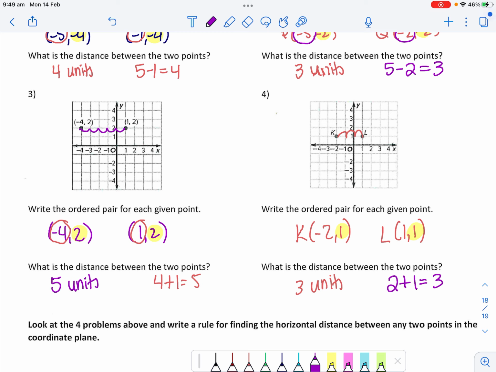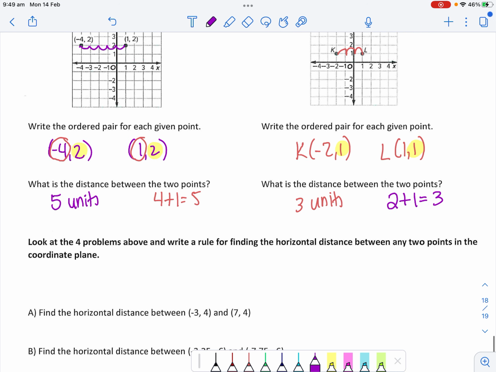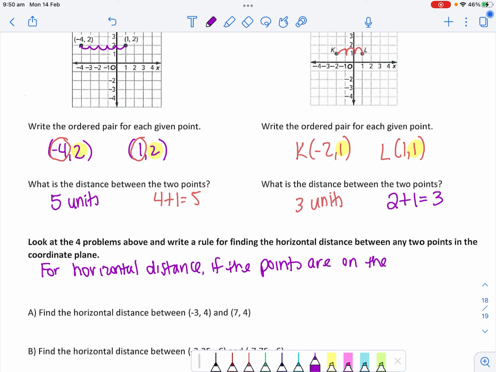So it says, look at the 4 problems above and write a rule for finding horizontal distance between any 2 points in the coordinate plane. So for horizontal distance, if the points are on the same side of the y-axis, subtract.